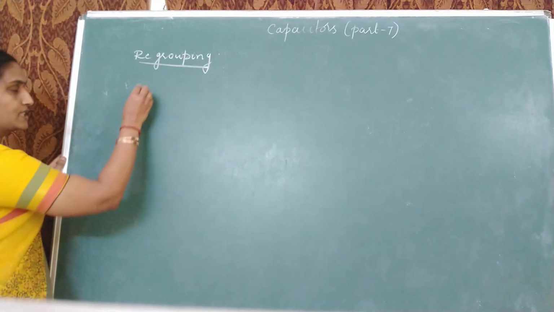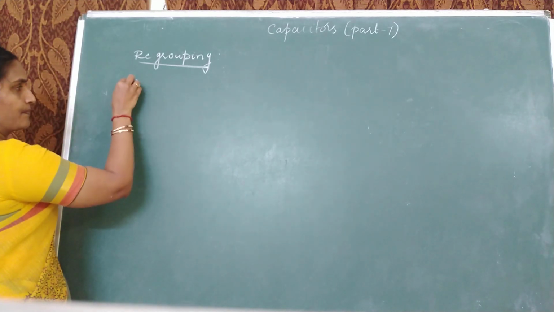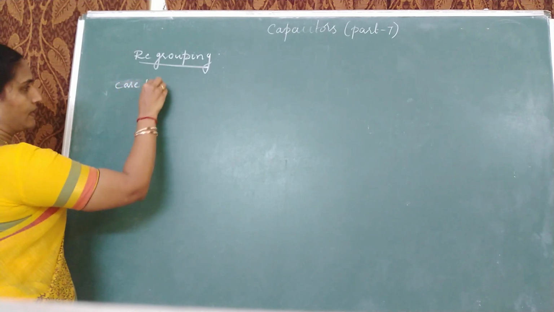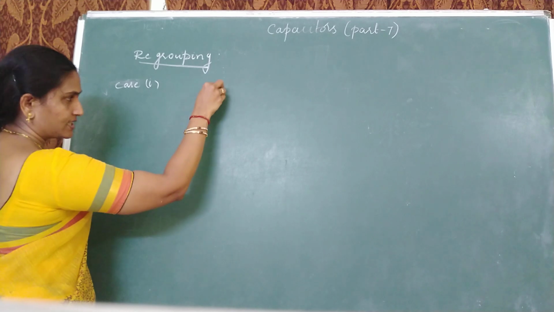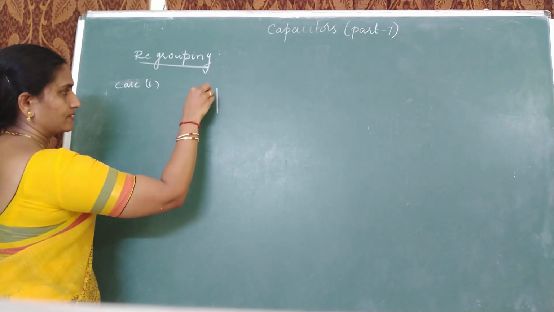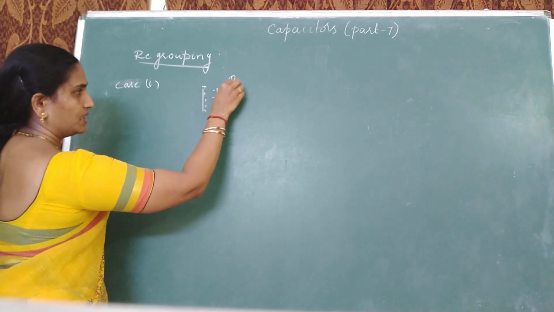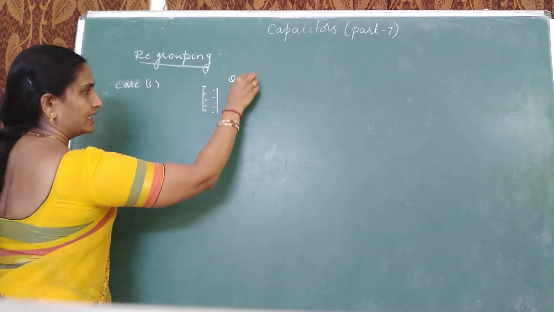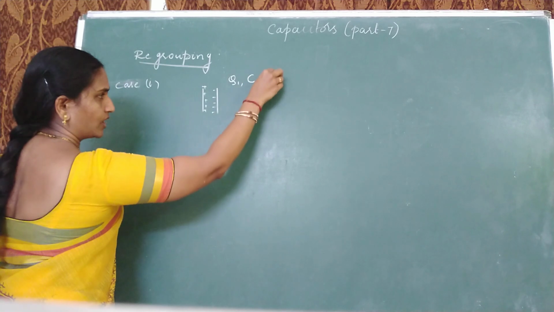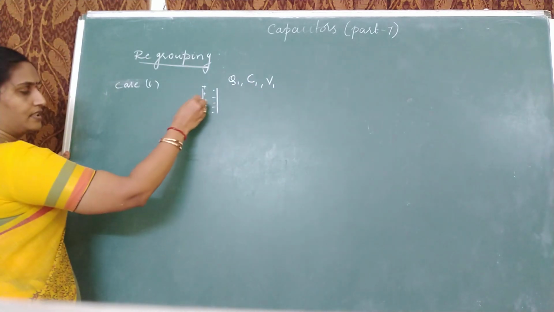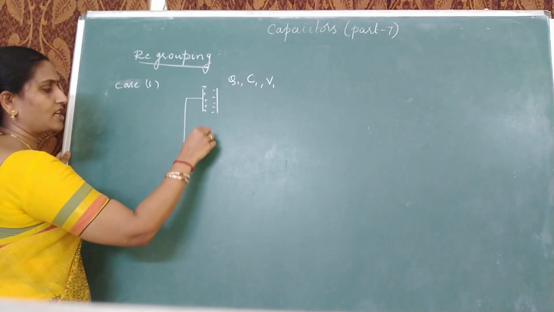So let us start with the first case. Here I'll tell you three cases. Case 1. The first capacitor is fully charged. Let the charge be Q1. Its capacitance is C1, so the potential difference between the plates is V1. I am going to connect it to an uncharged capacitor.